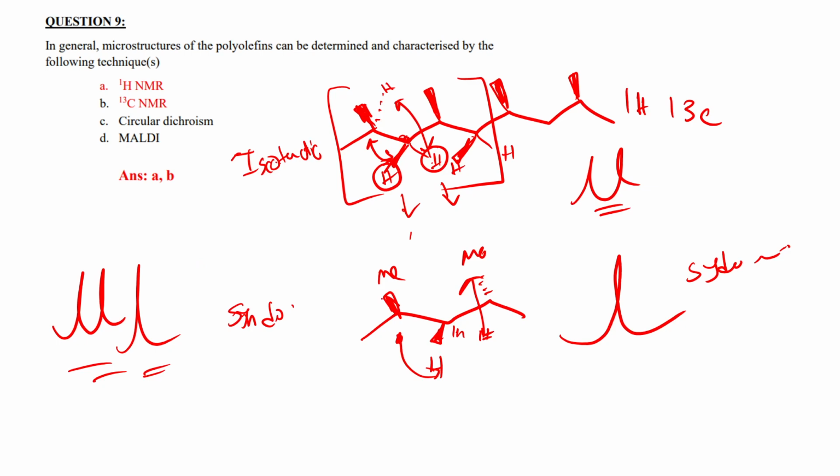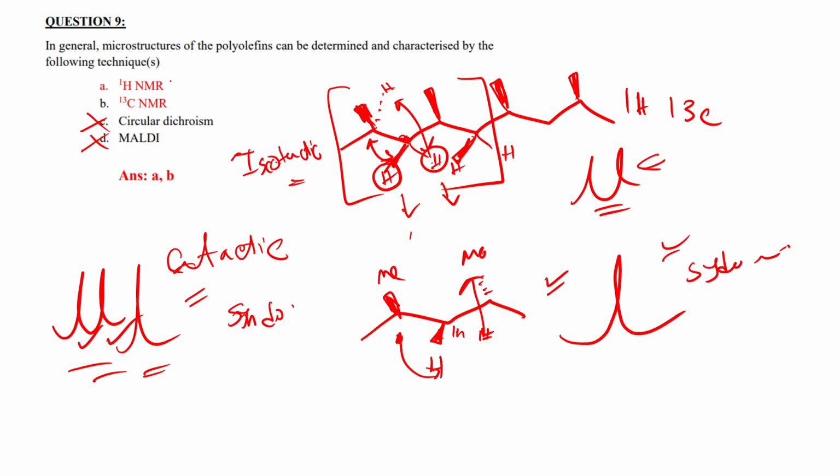If we are seeing both of these two kinds of signals, then it is atactic. The singlet is the syndiotactic part, the doublet is the isotactic part. So with proton NMR itself we can determine this. That's why other techniques are not required for that.